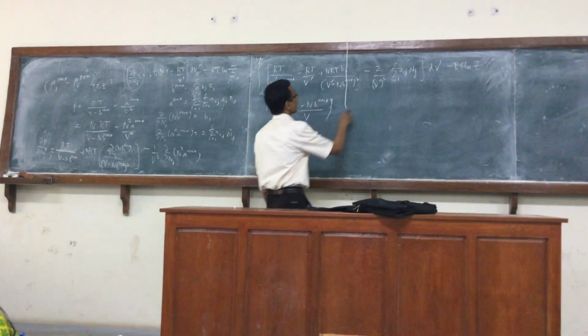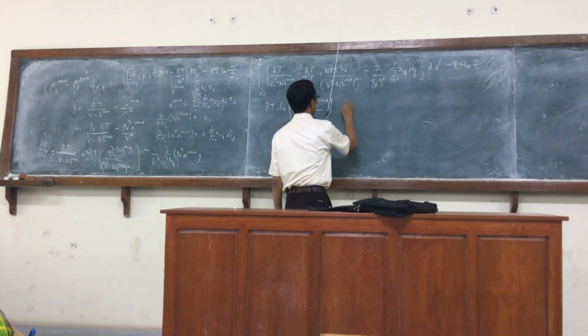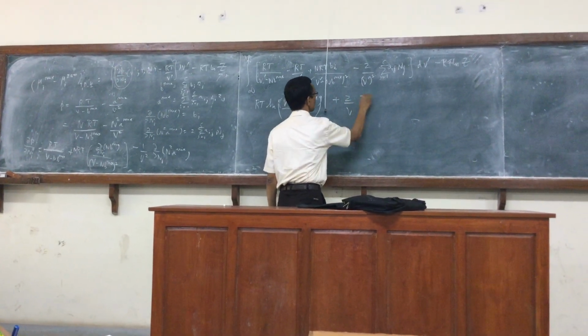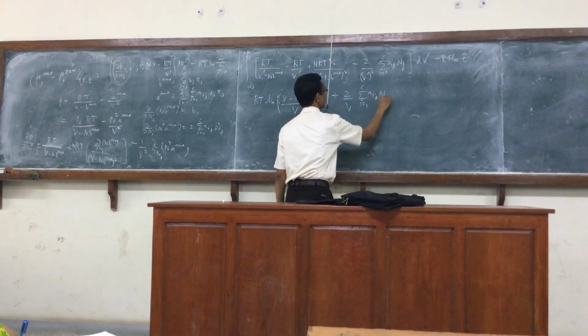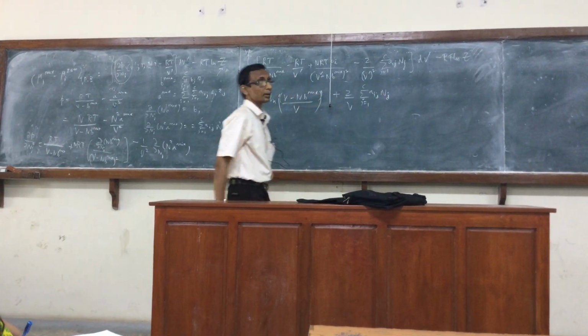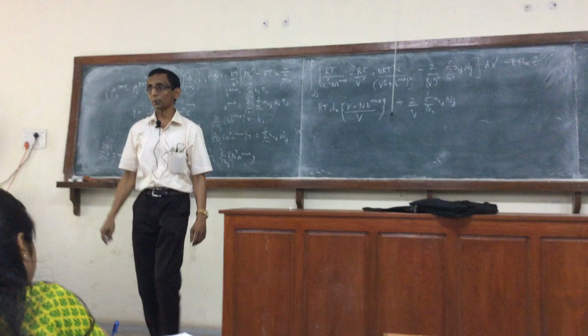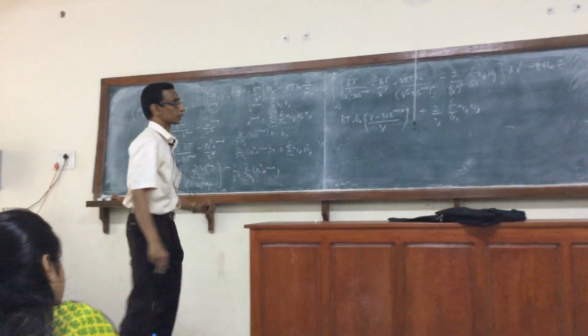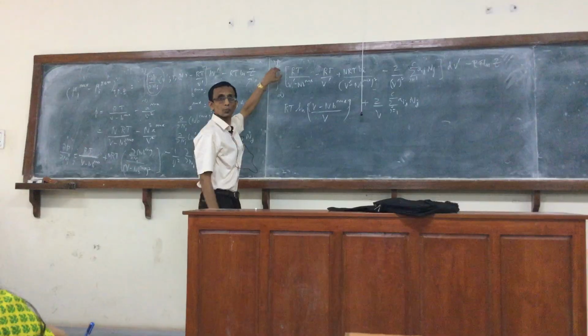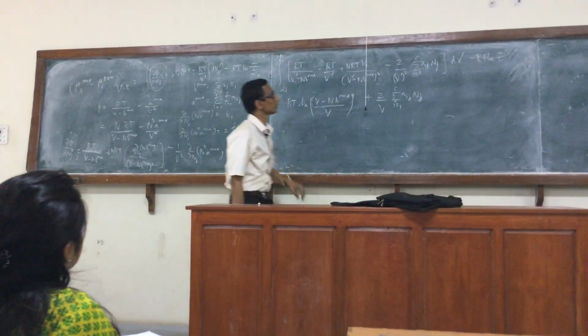And then I have this would be plus 2 over V times the sum over j equal to 1 to C of Aij Nj, because minus 1 over V prime square would be 1 over V, and again we would get only the upper limit; the lower limit would be 0.